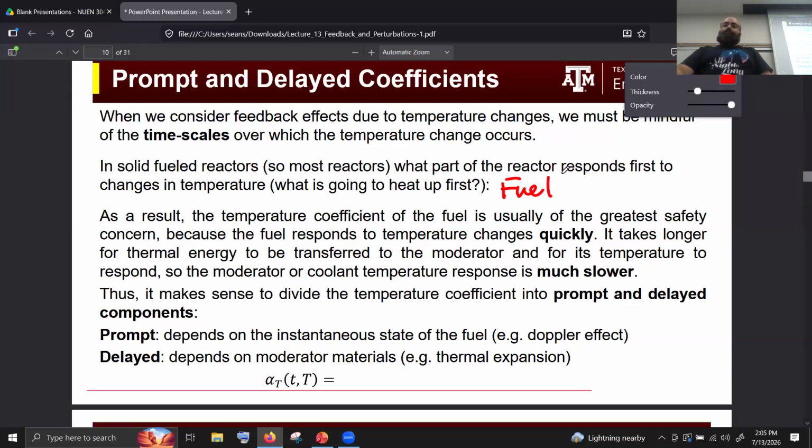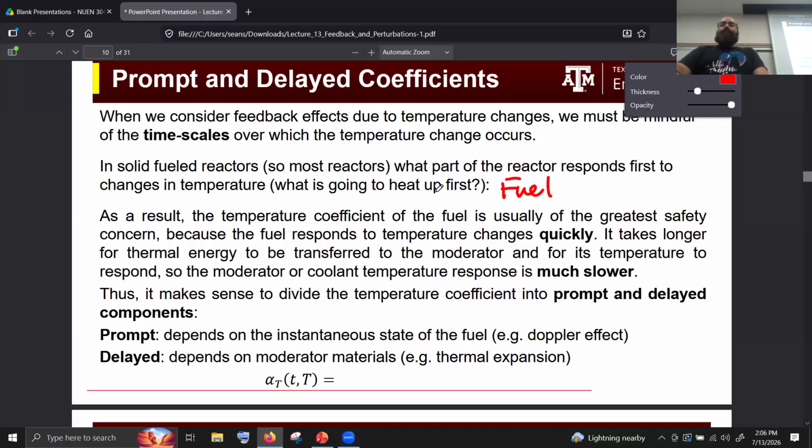So the fuel is going to respond more quickly, in terms of time scale, than the moderator. The moderator will respond to that temperature change too, but it takes a little bit longer for the coolant to change temperature compared to the fuel. So the moderator or coolant response is a lot slower.